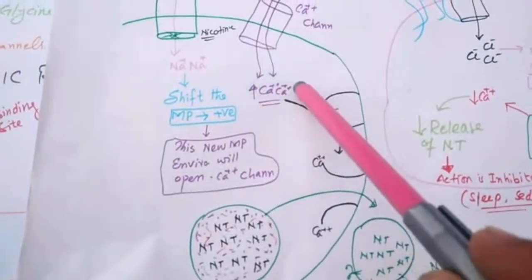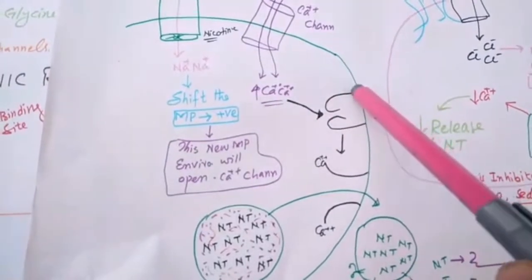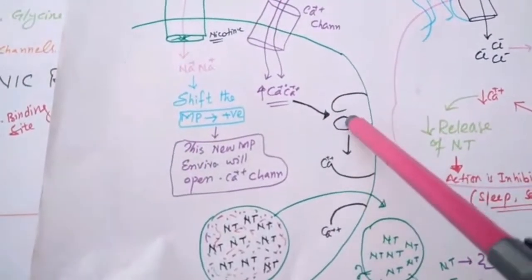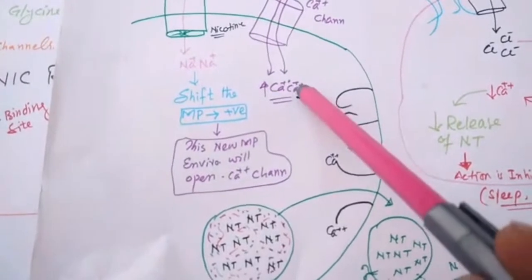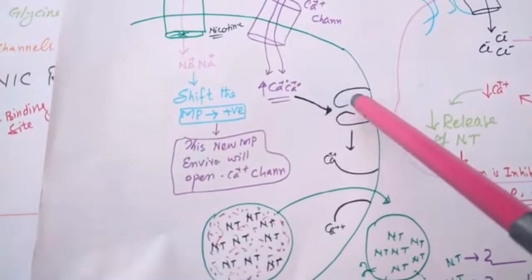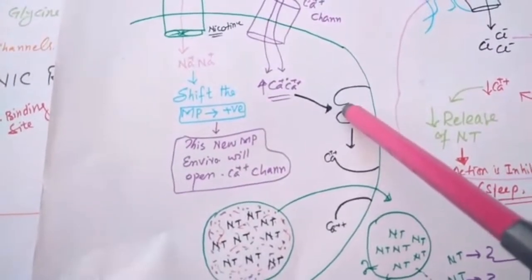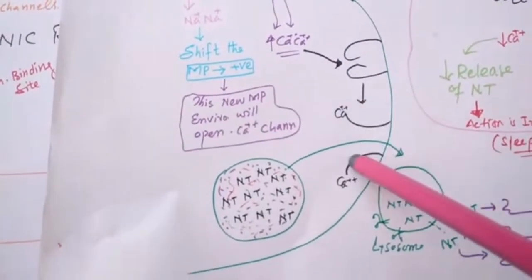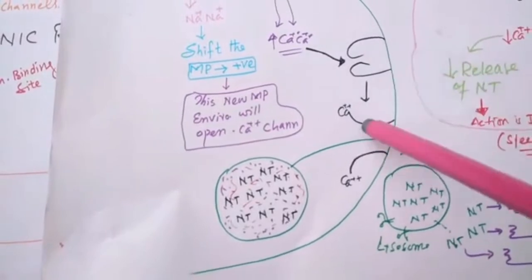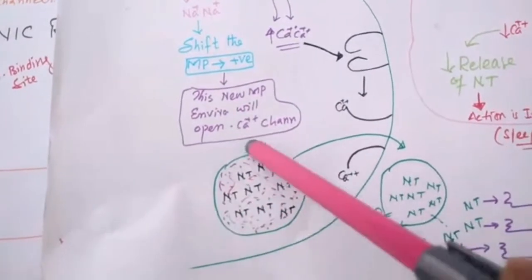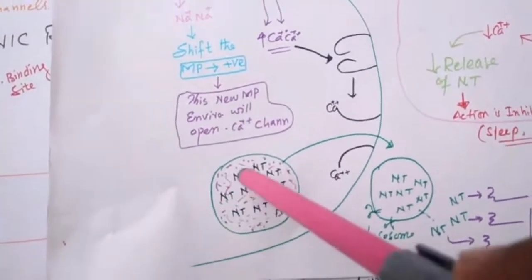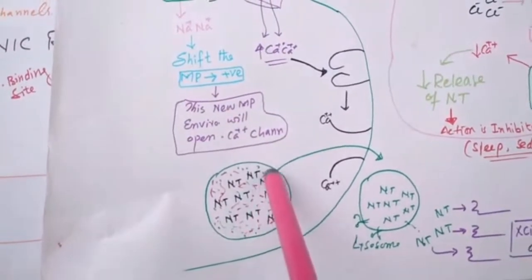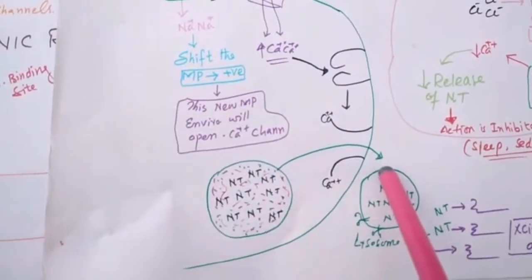With this increased calcium influx at the neuron cell membrane, there is the syntaxin protein. These calcium ions bind at the ending of the syntaxin. When calcium binds here, there is repulsion and it opens. When this opens, the packet of neurotransmitter along with other material is released in the synapse.